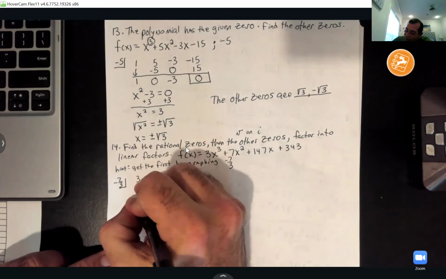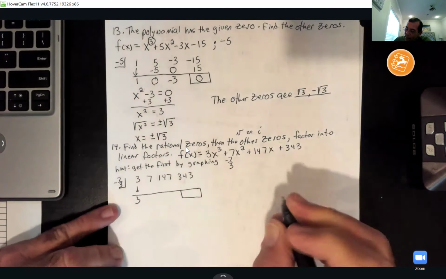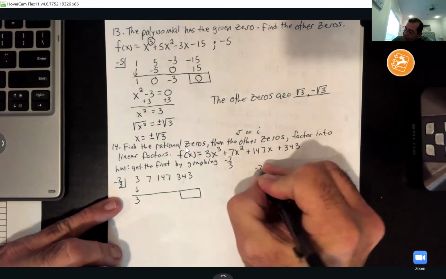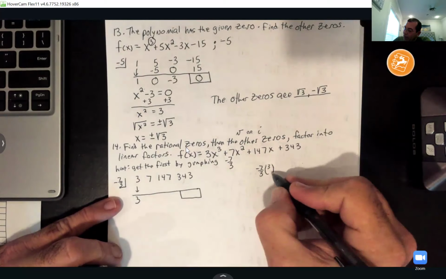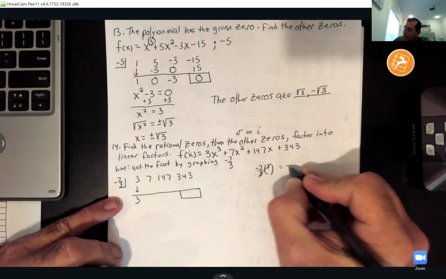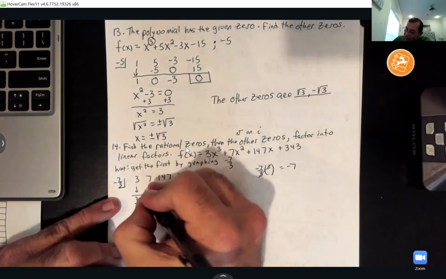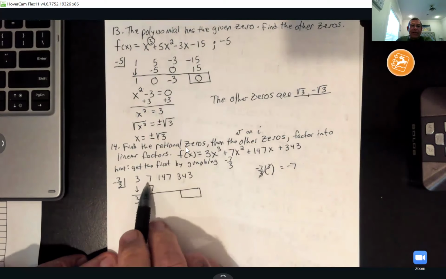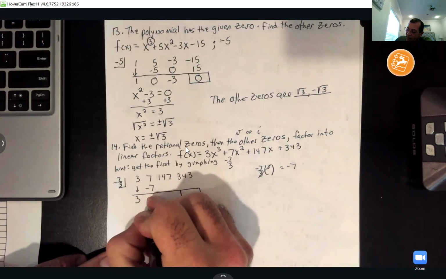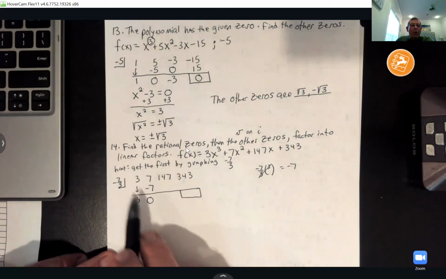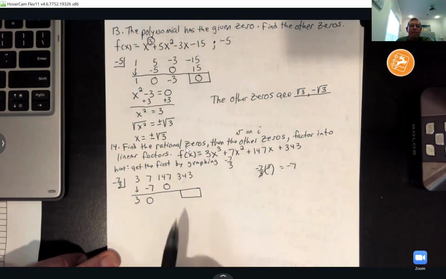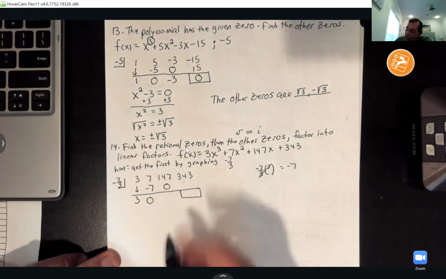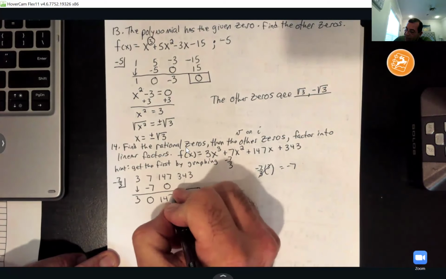So watch this. Bring the 3 down. So negative 7/3 times 3. All the 3's cancel, so that gives me a negative 7. 7 minus 7 is 0. 0 times negative 7/3 is 0. 147 and 0 give me 147.